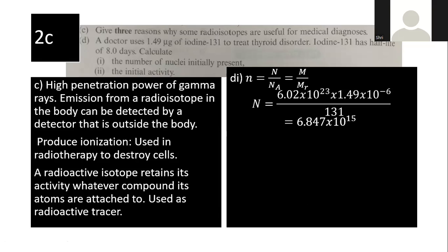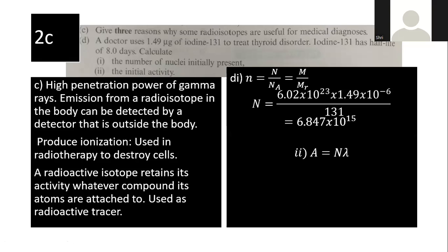Initial activity, what should I do? How do I calculate the initial activity? You can see I've been teaching you all the while and calculating the same thing, you still cannot. That's why I have to scold you.